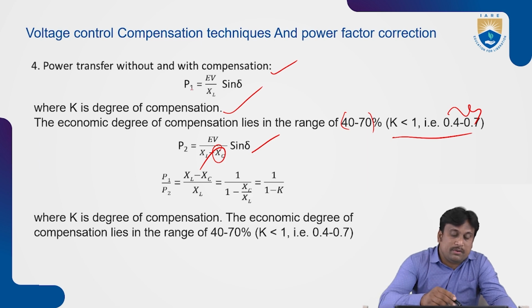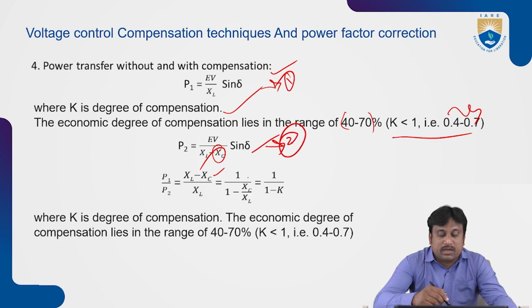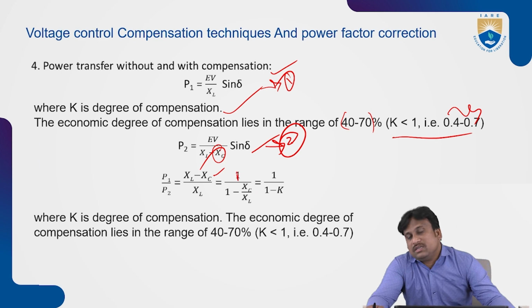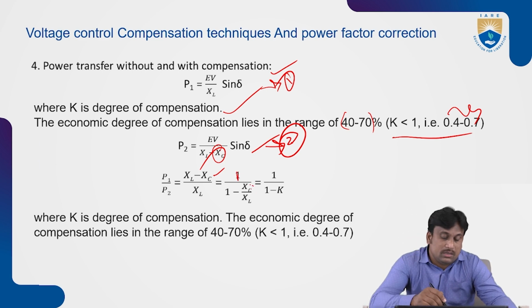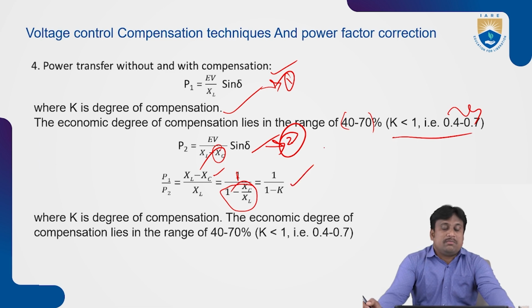When you take the ratio of these two equations, P2 by P1 is XL by XL minus XC. You can write this as 1 by 1 minus XC by XL. When you simplify, you get 1 by 1 minus K.